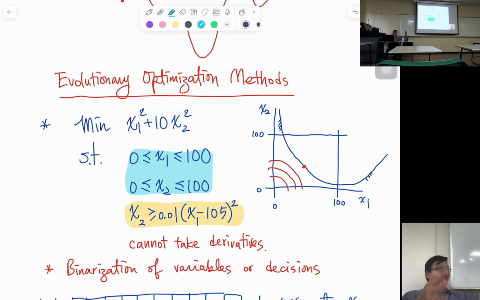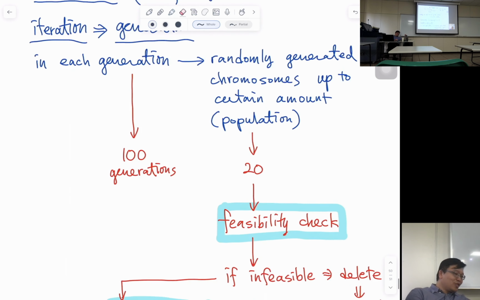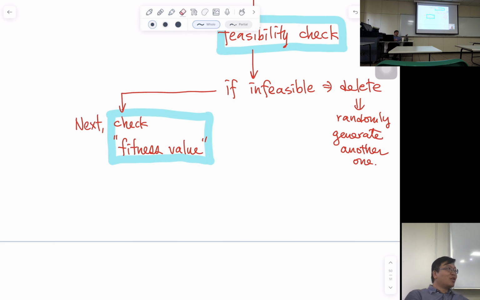They are feasible points, and I will check the objective function for all designs. If the objective function is small, it's a good one. So I'm going to use my objective function to determine how good my design is.